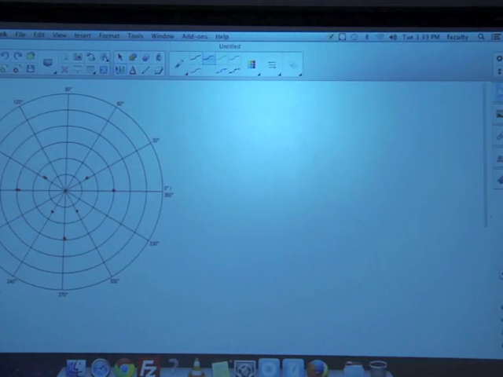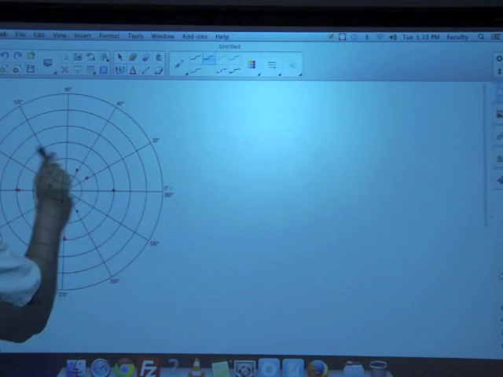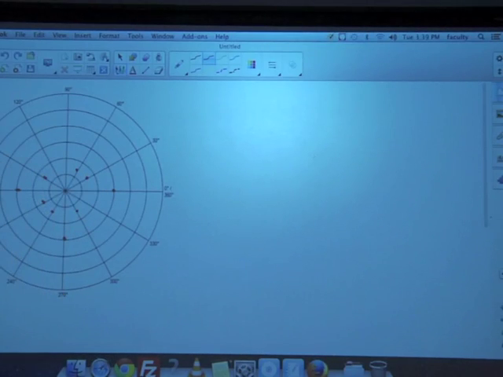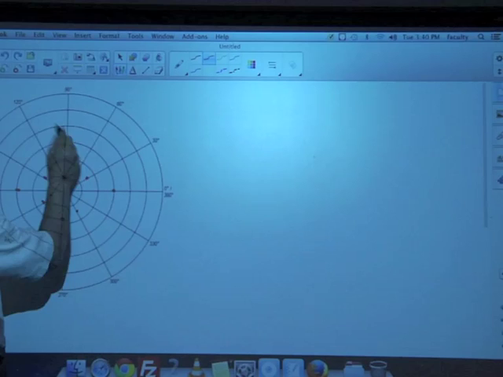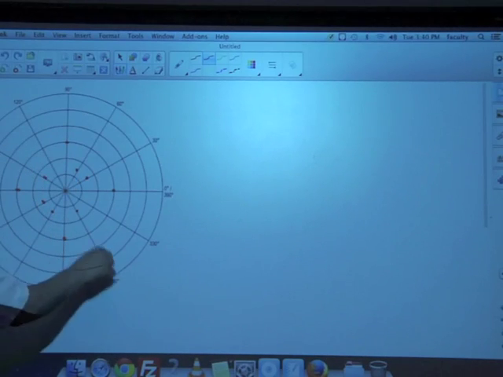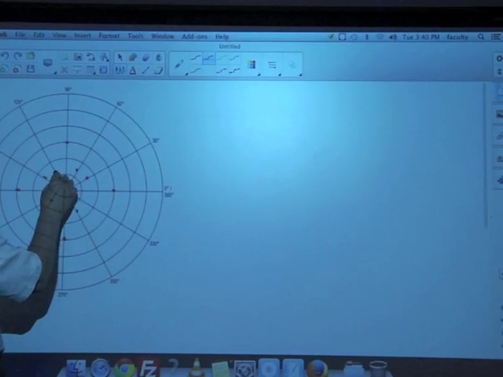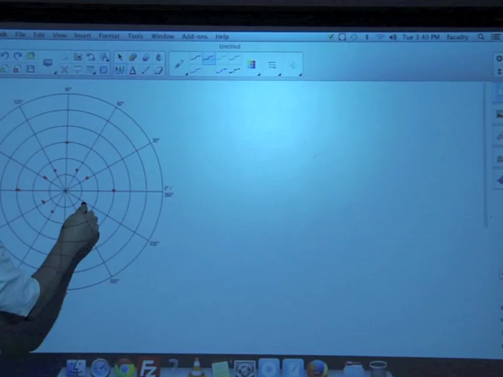Here. 210, 1.5. 240, negative 1.5. 270, negative 3, just up here. Negative 1.5 for 300. There. 330 is 1.5, which is here.